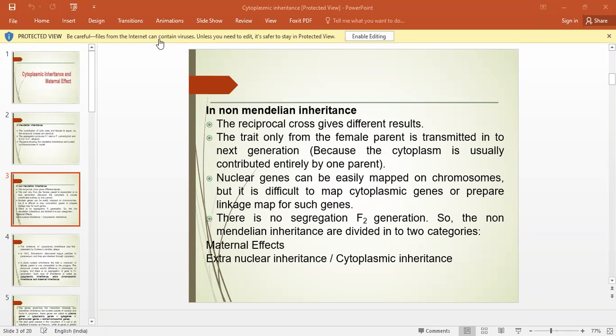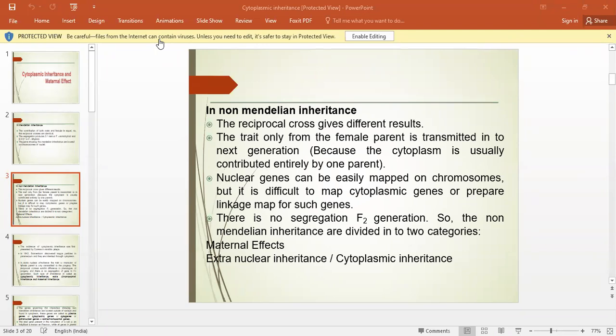But this extrachromosomal or extranuclear gene, you cannot map. This is the third rule, that the extranuclear gene cannot be mapped to the chromosome in the nucleus.